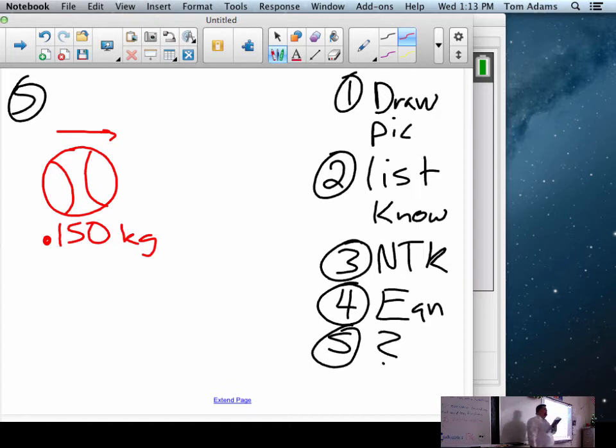Now why did I draw that 0 there? Does anybody know? It has to do with significant figures and precision. So keep that in mind because we'll come back to that. And it is traveling with a horizontal speed or a velocity of 4.5 meters per second.